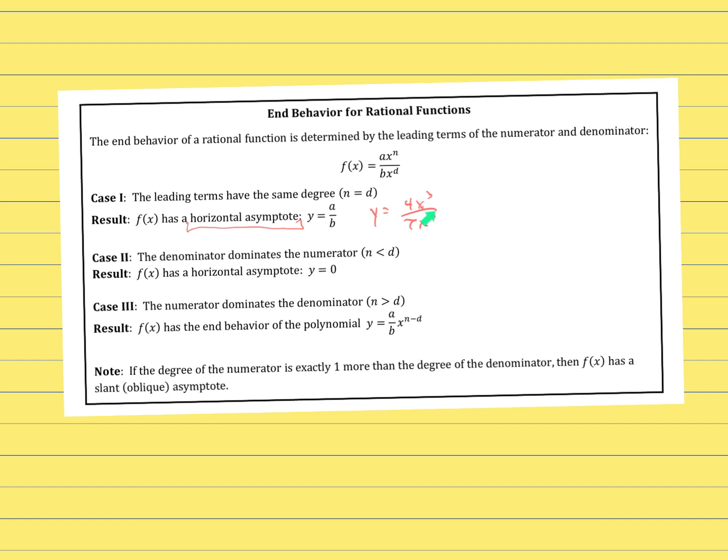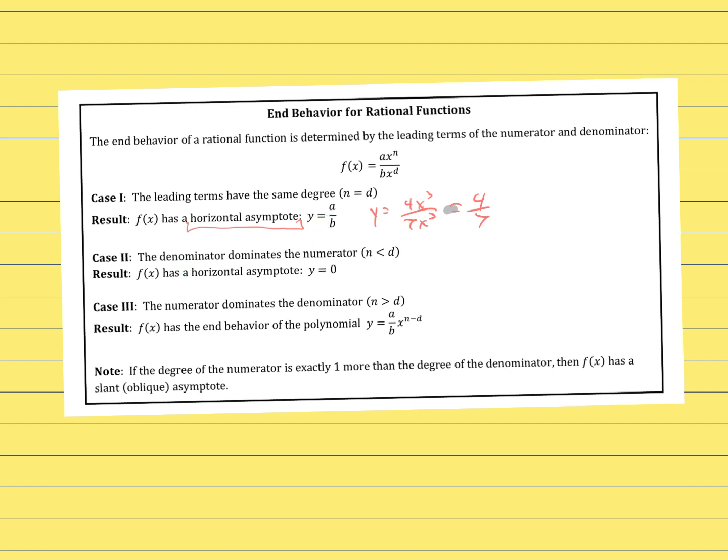The fact that these are equal means those x to the thirds can be canceled, and I'm left with just 4/7. So anytime we're looking at how a horizontal asymptote exists when the numerator and denominator have the same degree exponents, they cancel and you're left with just a over b, here 4/7.